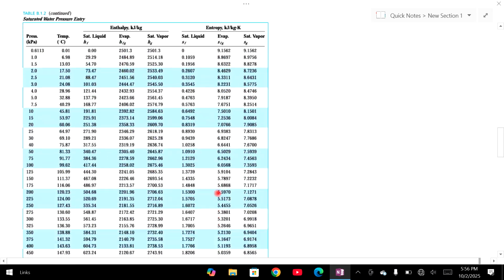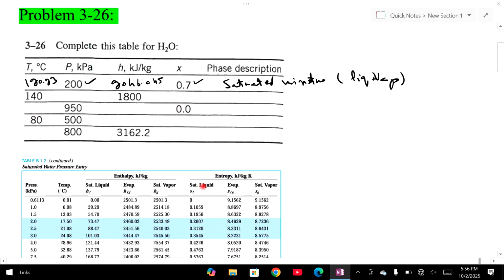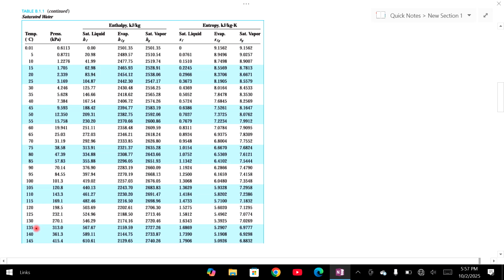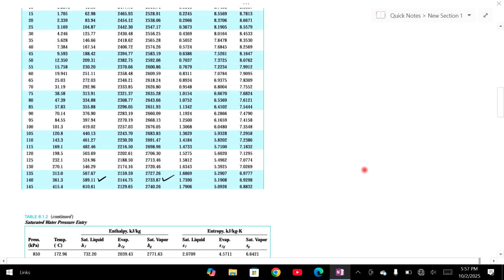So go to the saturated steam table, the temperature saturated water table. At 140 degrees centigrade, this is Hf, 589.11, and this is Hg, 2733.83.